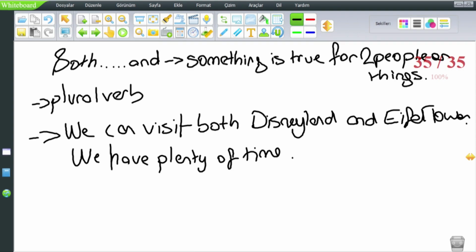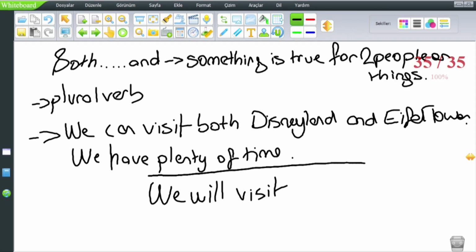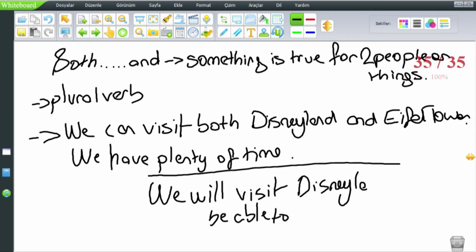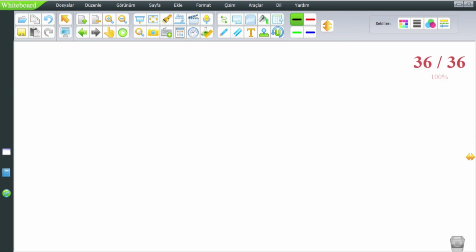It means that we will be able to visit Disneyland and the Eiffel Tower. It applies to both of them.